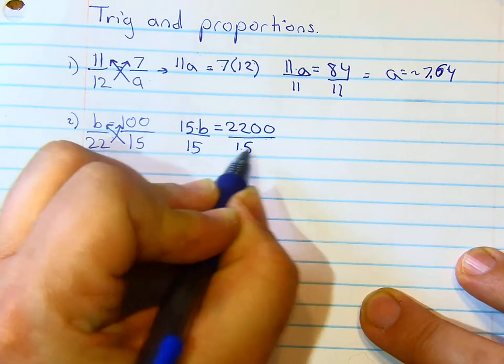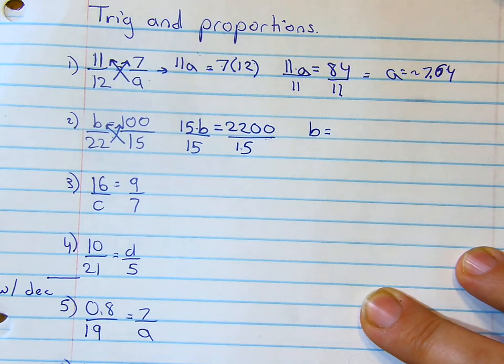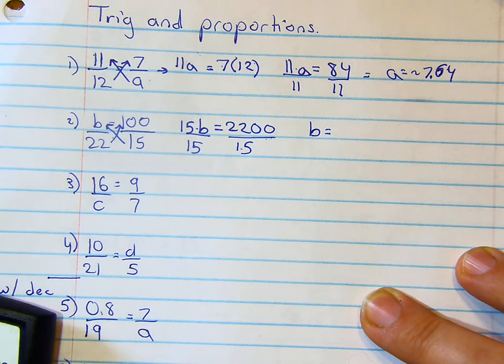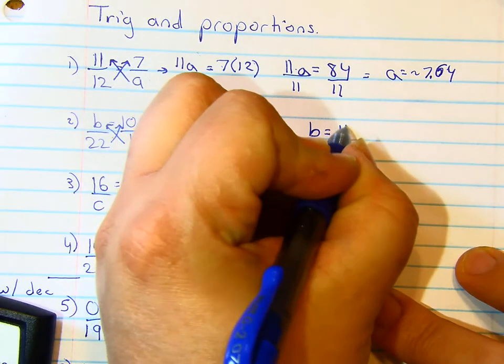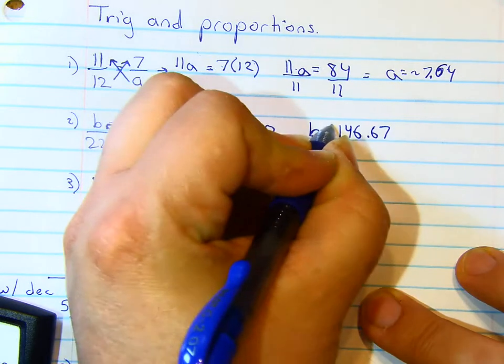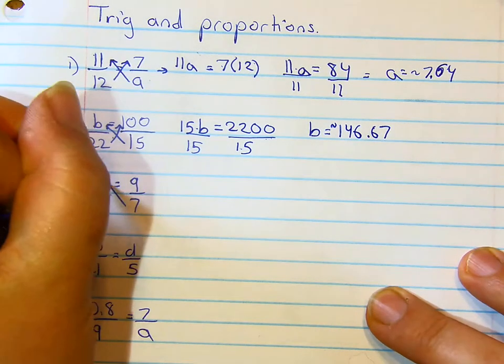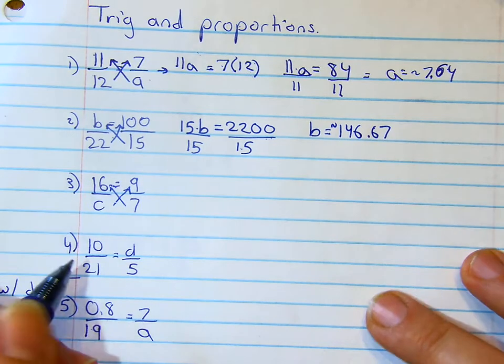Whatever you do to one side, you do to the other. So 2200 divided by 15 gives me an answer of 146.67 approximately.